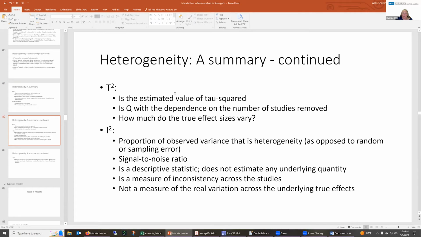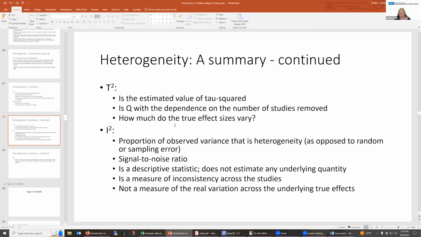However you want to call this, it is the estimated value of this theoretical value that, of course, we could not calculate. It is Q, but with the dependence of the number of studies removed. Okay, so I like that. And it answers the question of how much do the true effect sizes vary. Okay, I kind of like that. So I'm feeling good here.